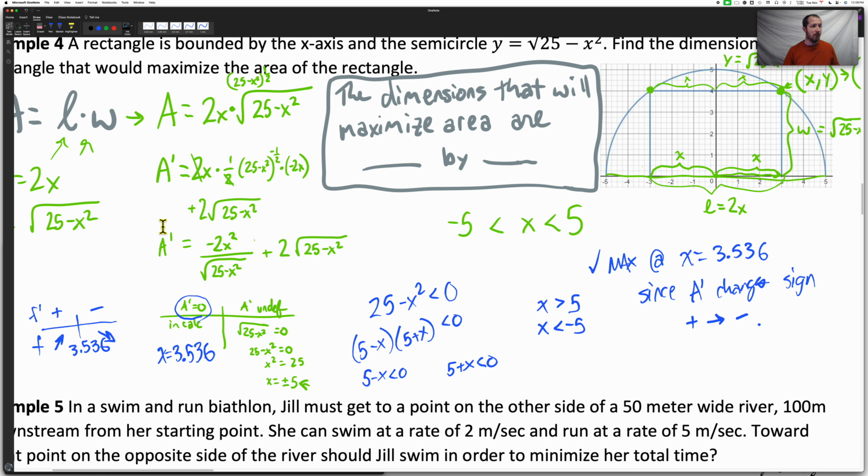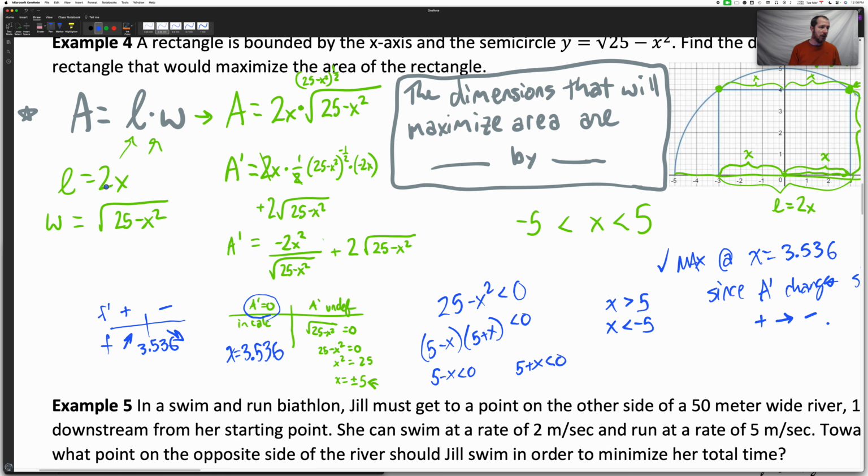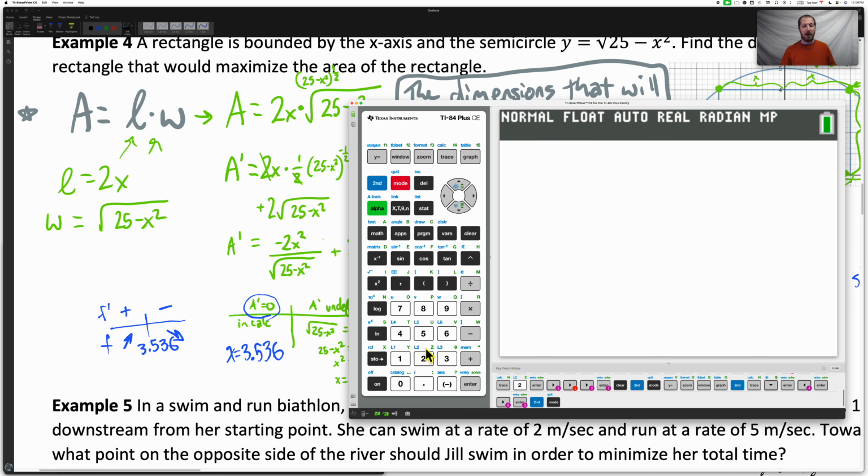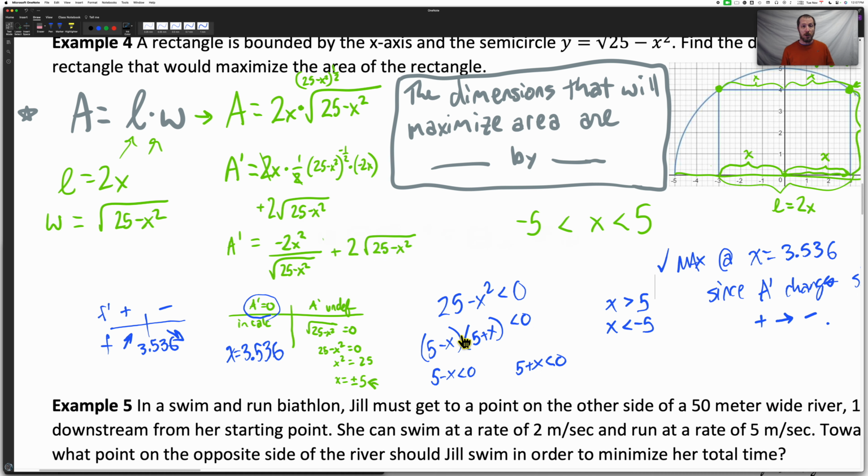If we go back to our definitions for length and width, then we need to plug that back in to these two here. We needed to double that. So I'm going to go back to my calculator, and when we find the zero, your calculator stores that value into x. So if we just go back to our home screen and press 2x, there's our width of our rectangle, 7.071.